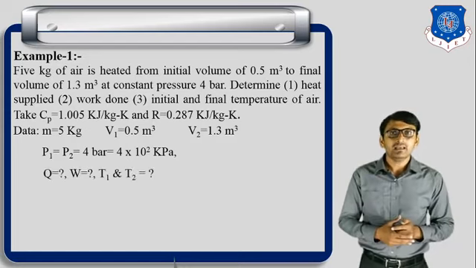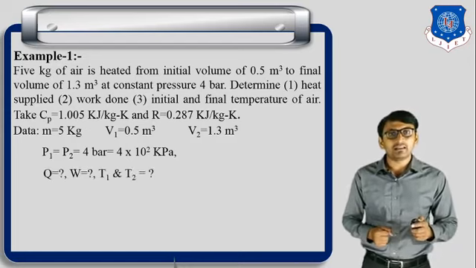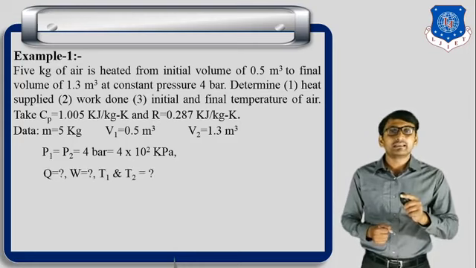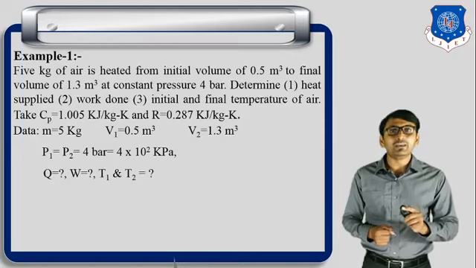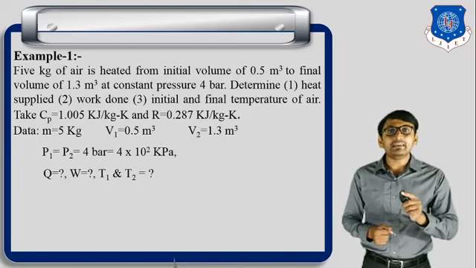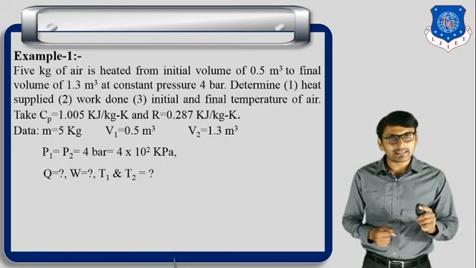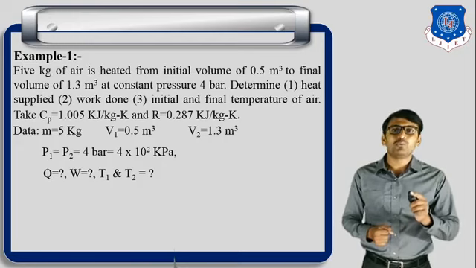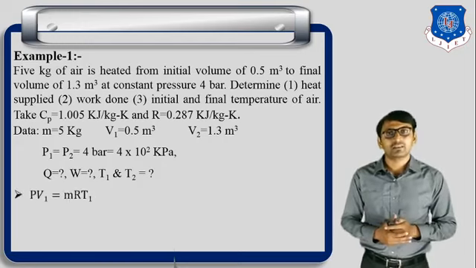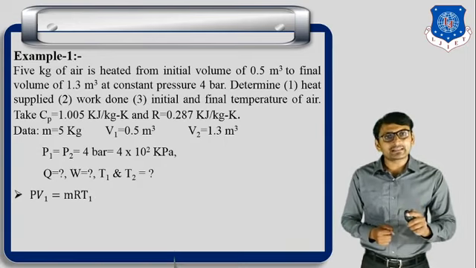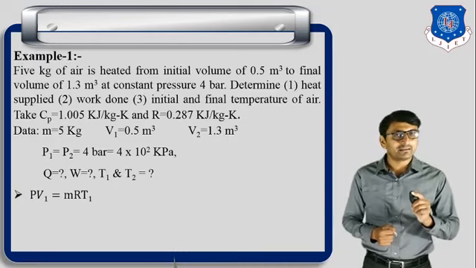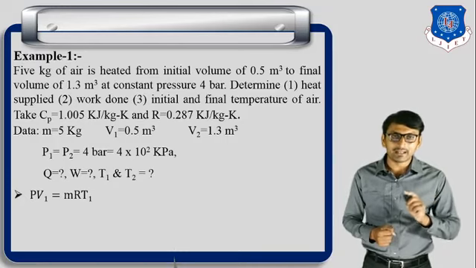Okay. Then in this example we find Q, that is heat supply, W, that is work done, temperature T1, the initial temperature, and T2, the final temperature. So first step, according to the characteristic gas equation, PV is equal to mRT.